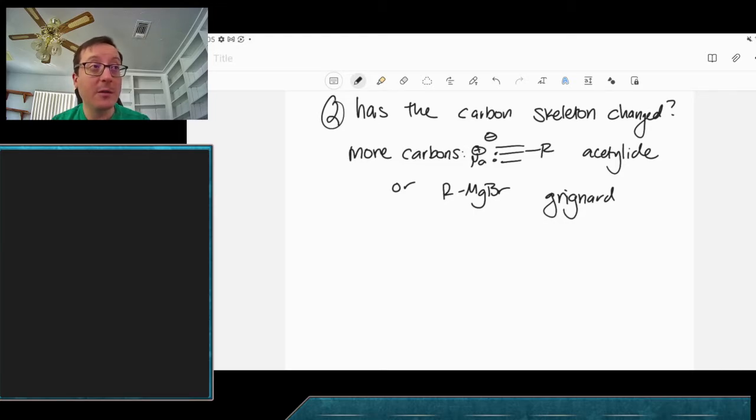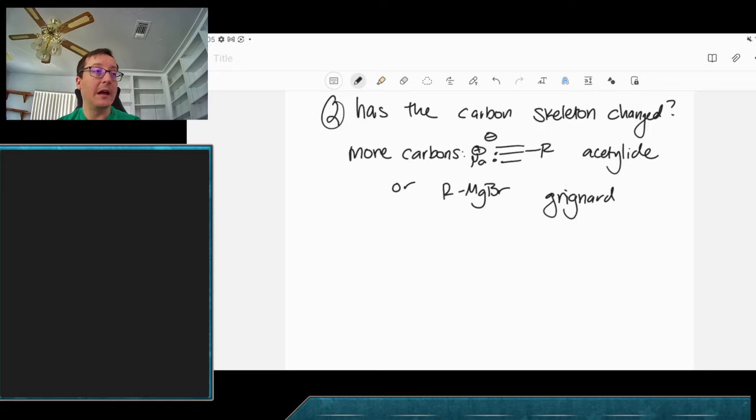A Grignard reagent will also have as many carbons as you want. You can have a propyl Grignard reagent, you could have a methyl one. Either way, it works out. So we can see if the carbon skeleton has changed.